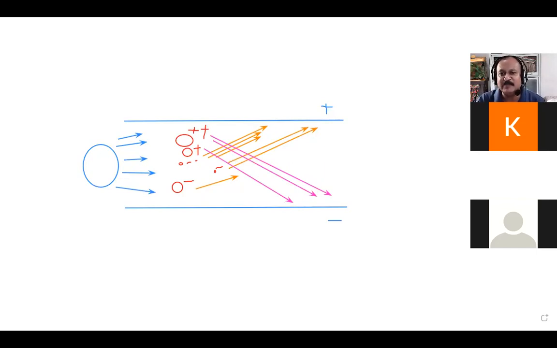And then what we have here is an entrance slit.